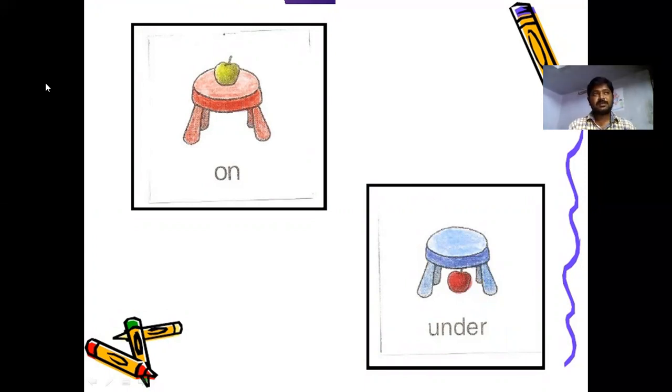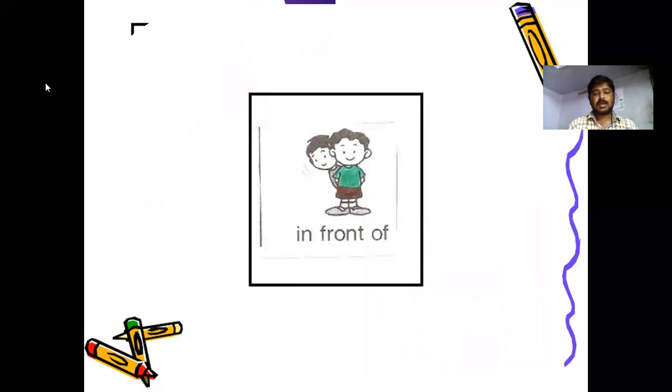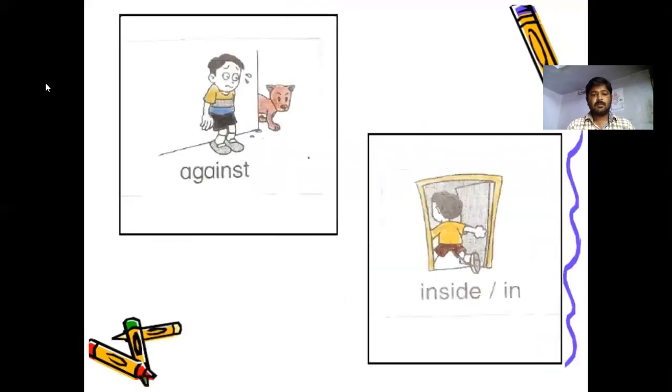And look at the second picture: the apple is under the table. So in front of is here: a boy stood in front of another boy. Against is a word used for direction.